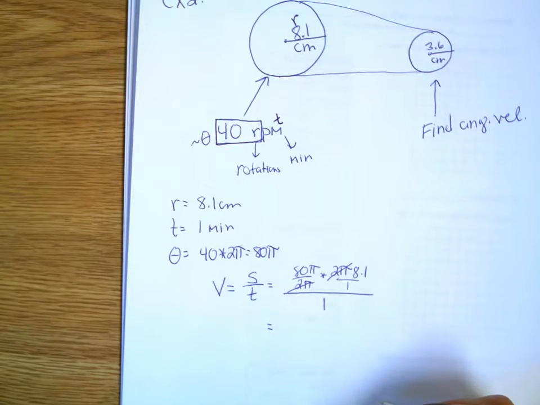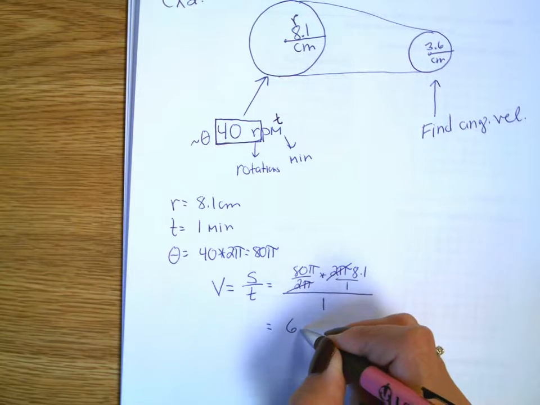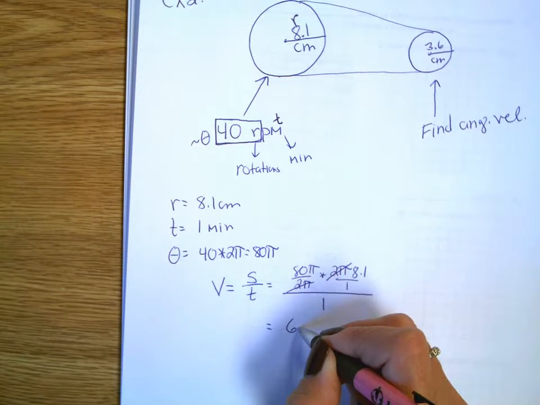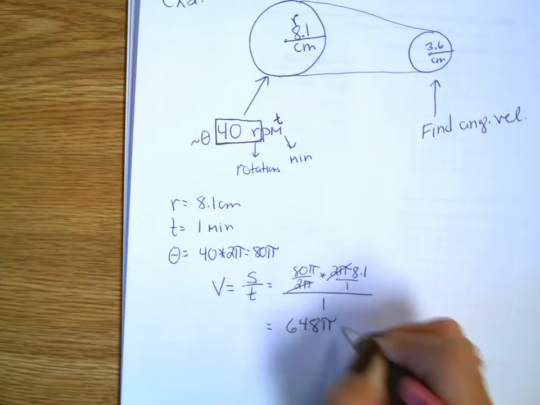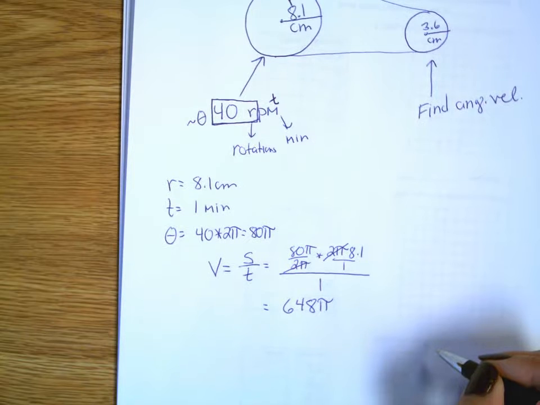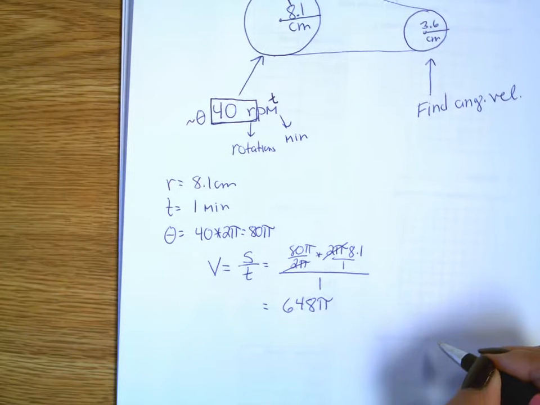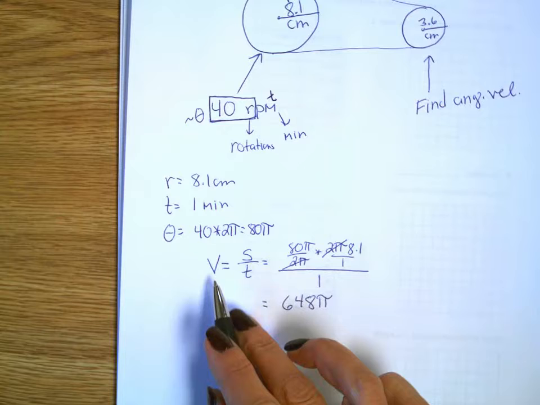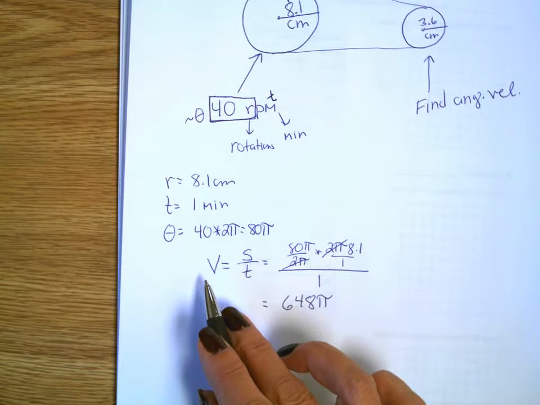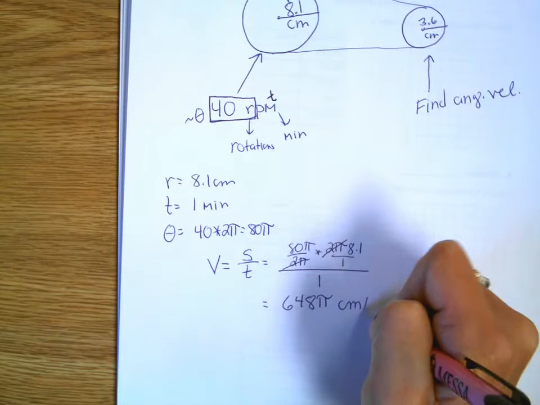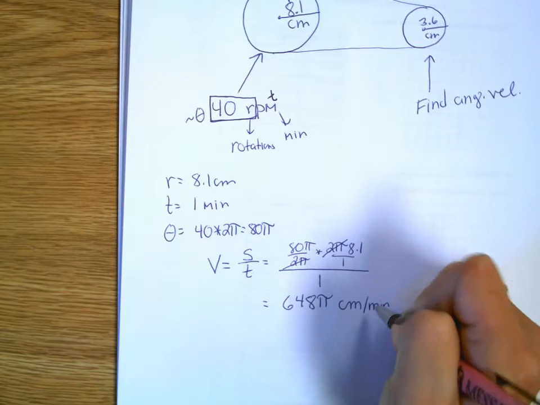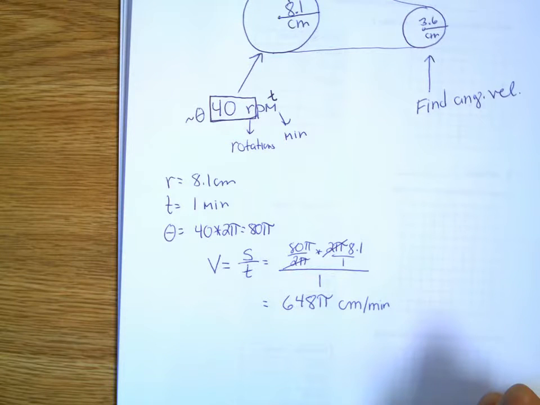So 80 times 8.1 is 648 or 84? I got 648. Okay, 648 pi. What would be the units on that? This is linear velocity, think like miles per hour, so centimeters per minute. Not that you need the label there, because we're not done.